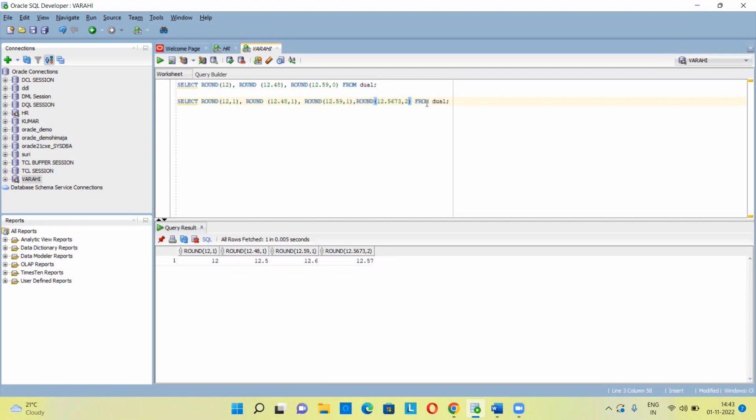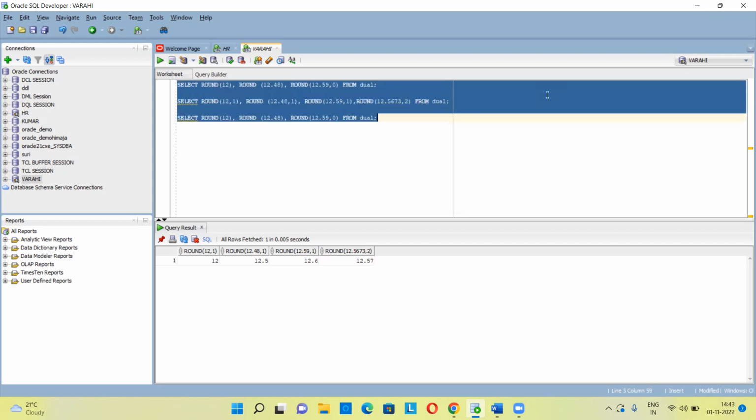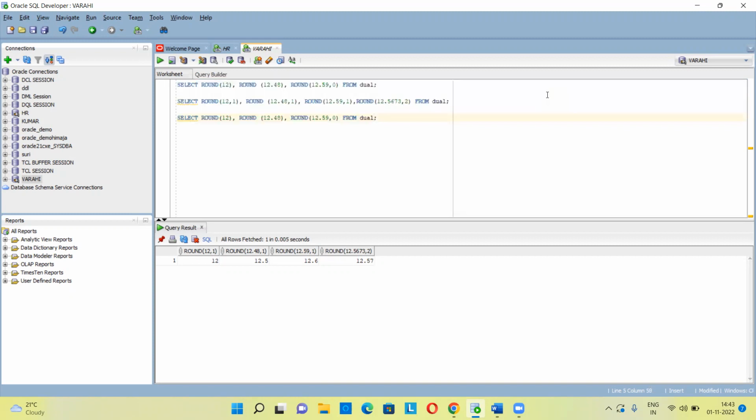Is that clear? Yes, sir. Okay, let's do it this way. Now I just want to try writing -1 as the second parameter. 1 means I need one decimal in my output, 2 means I need two decimals in my output.